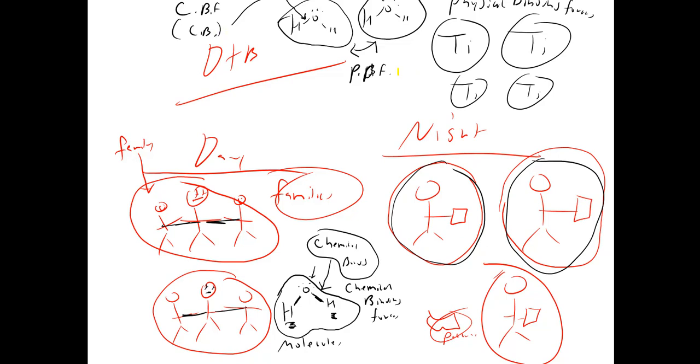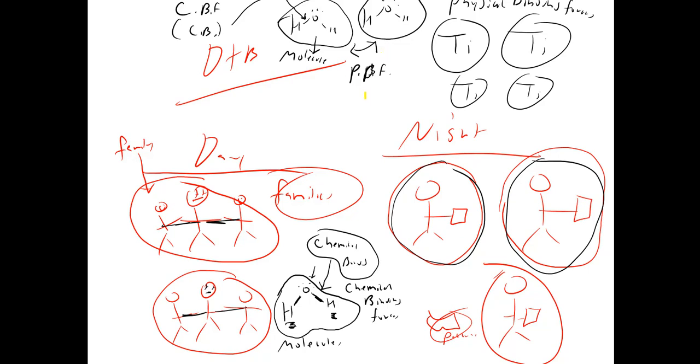Now there is another term for physical binding forces between molecules, because whenever we have these chemical binding forces, the name of the particle is also known as a molecule. We call these intermolecular forces.